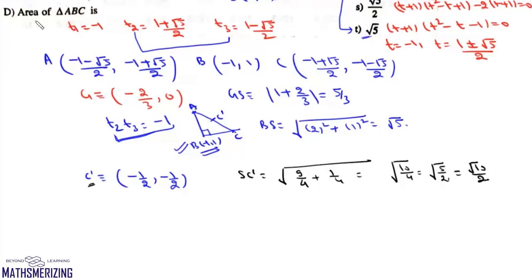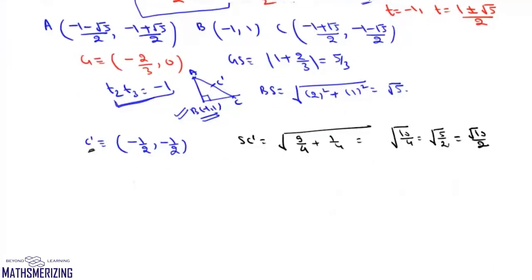And now this last one, which is area of triangle ABC. Now area of triangle formed by tangents is given by 1 upon 2 a square, and then it is (t1 minus t2)(t2 minus t3)(t3 minus t1), its modulus value. So it will be 1 by 2. Now a in this case is simply 1.